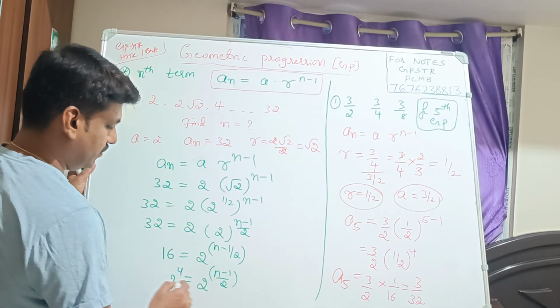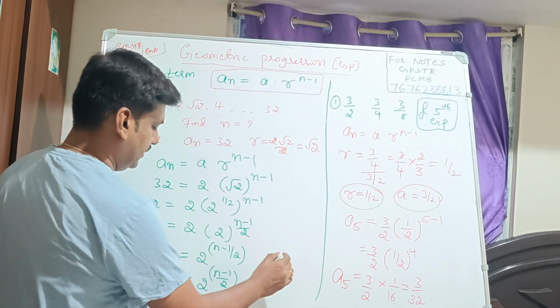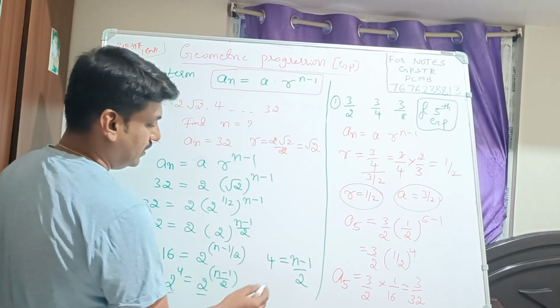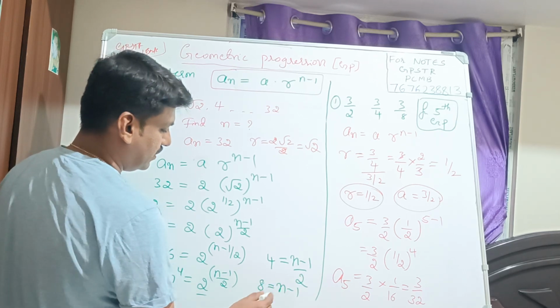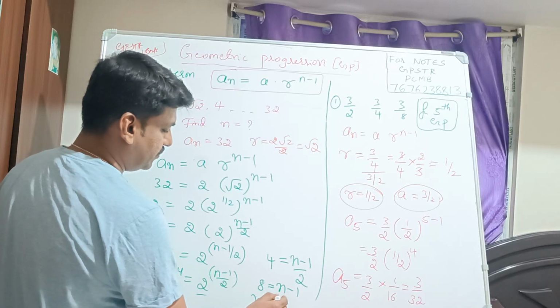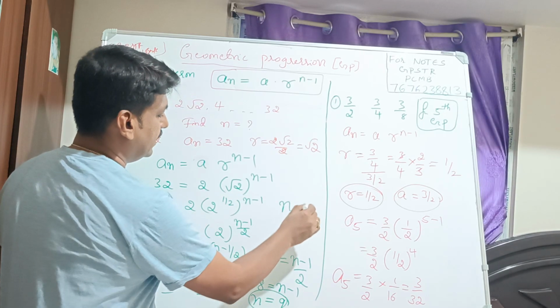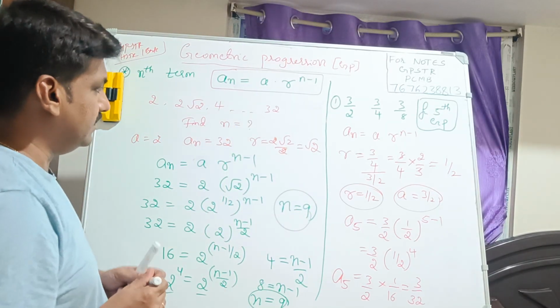Here the base is common, so 4 is equal to n minus 1 divided by 2. So 4 into 2 is 8, which is equal to n minus 1. So n is equal to 8 plus 1, which is 9. So the value of n we got is 9.